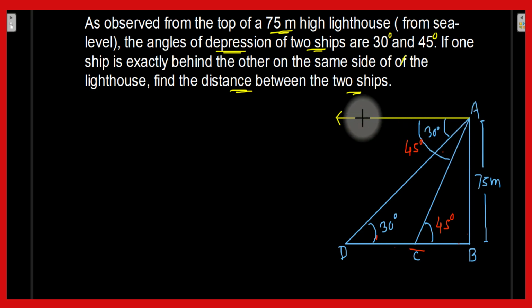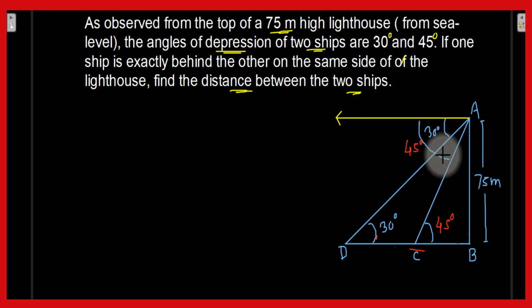But we know that this is a straight eyesight and this is the sea level, or you may say it is a ground. So these two are parallel lines, and AD is a transversal. Then this angle and this angle are the alternate interior angles. So when this angle is 30 degree, this angle will also be 30 degree.